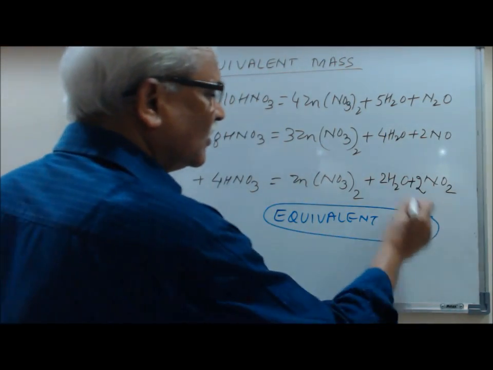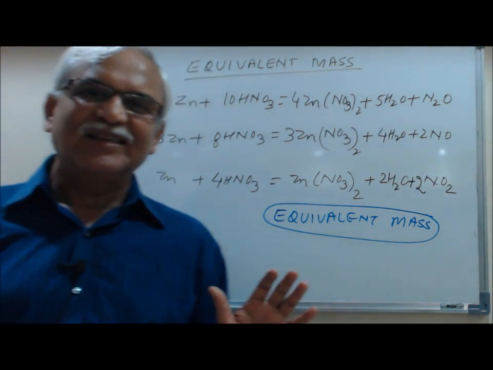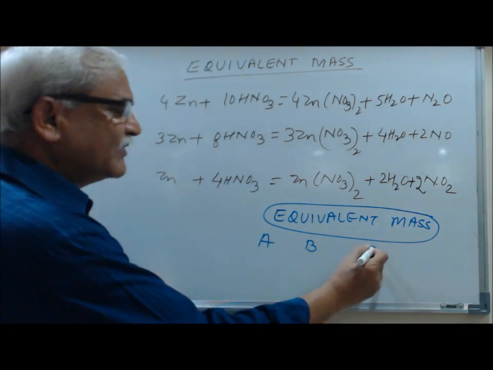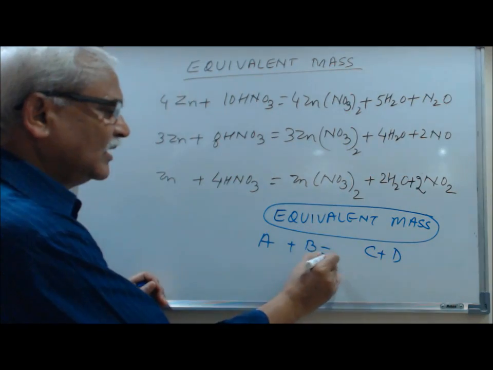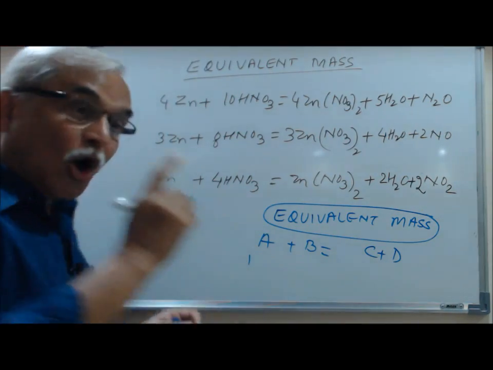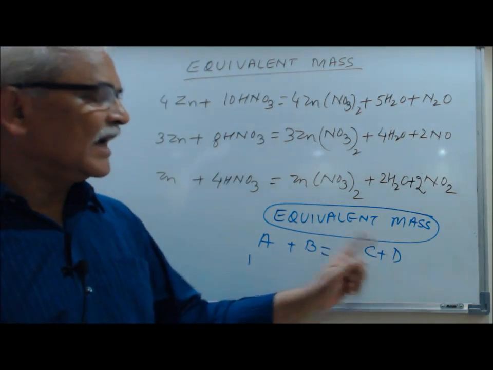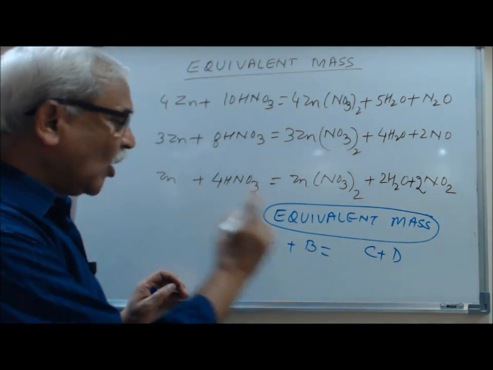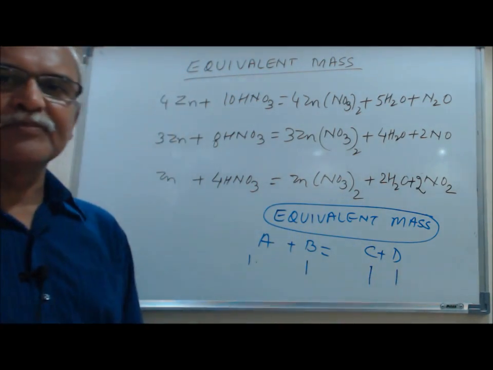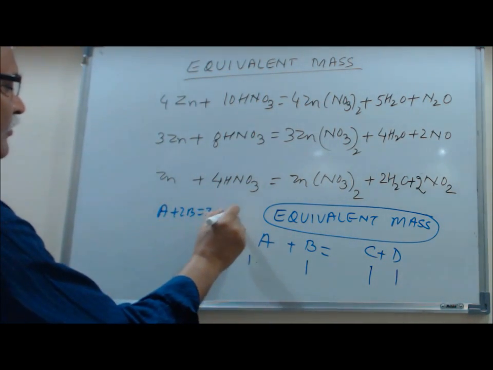About this physical quantity, they said that no matter what the type of reaction, if a substance A has to react with B to give, say, C and D, a given equivalent mass of A, suppose 1, will always react with the same equivalent mass of B to give the same equivalent mass of C and D. Which means one equivalent of A will always react with one equivalent of B to give one equivalent of C and one equivalent of D, whether the reaction is of this type or something like this type.